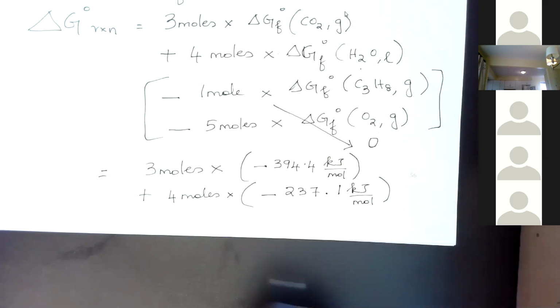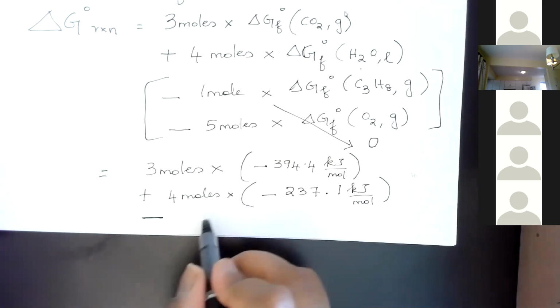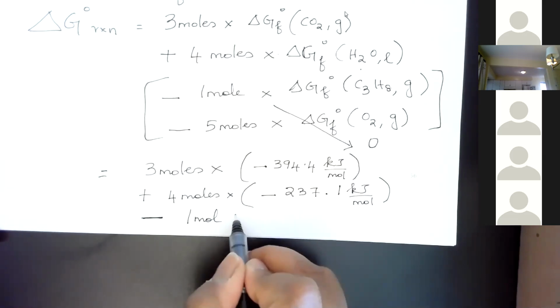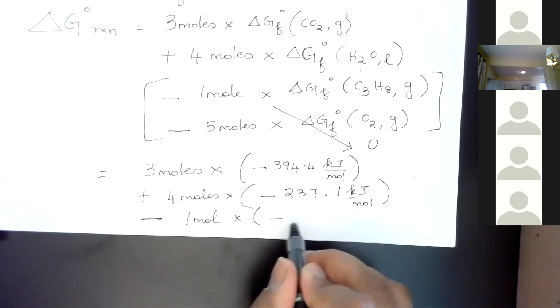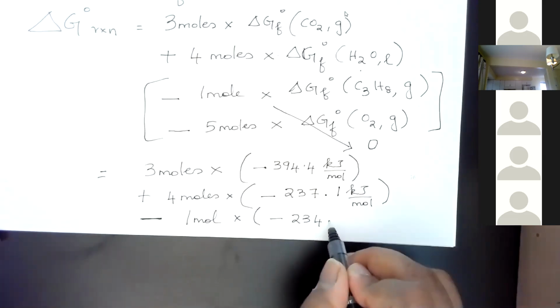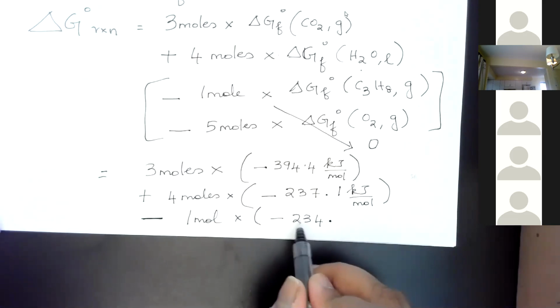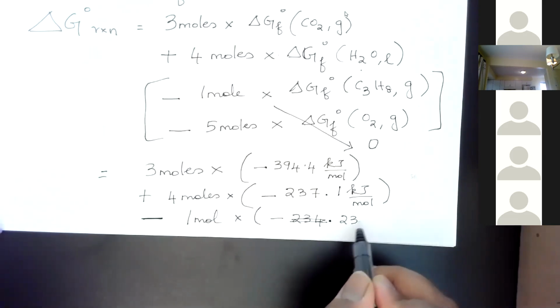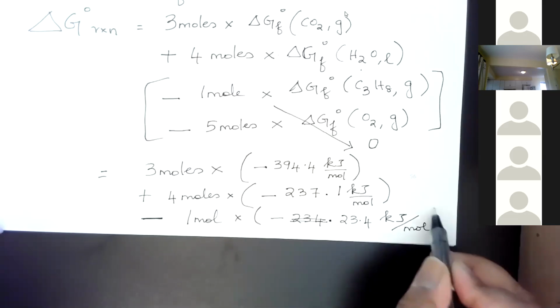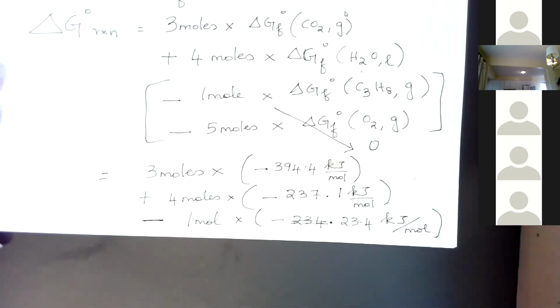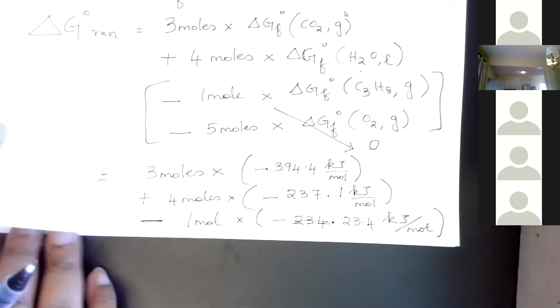And I need one more because the last one is, see now this is a reactant, so I made it negative. And this is only 1 mole. And this is minus 23.4. And they're all kilojoules, so you can keep it as kilojoules. Let me know what you get.